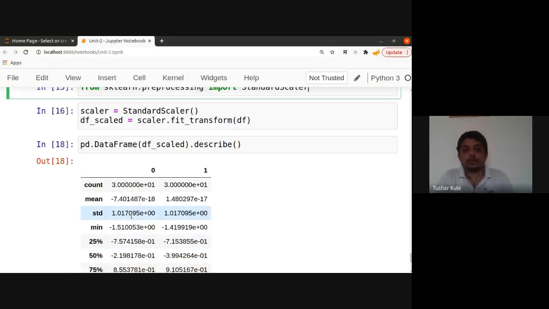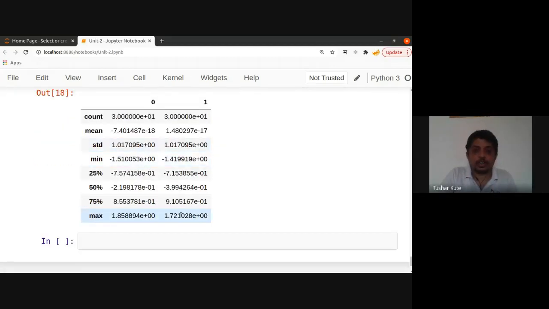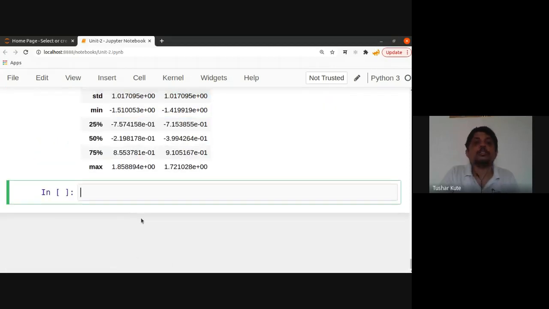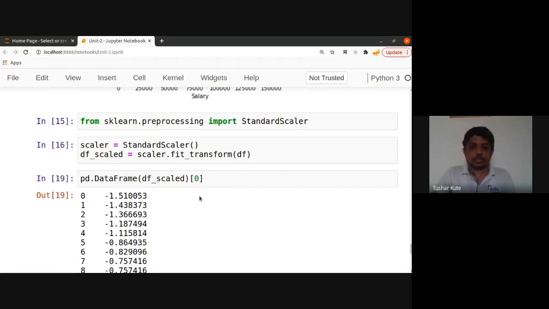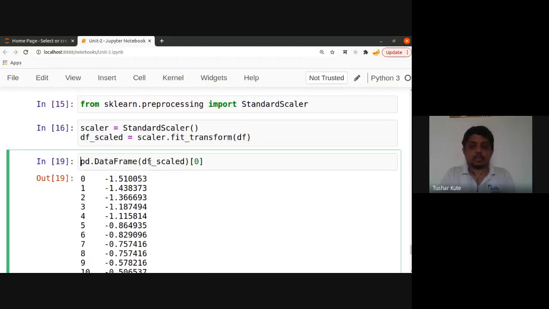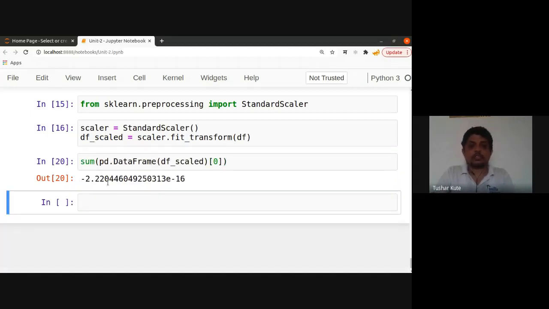Okay, fine. And this is the standard deviation we have. If you just check, just a minute, describe. So the first column I'm extracting and summing up. It is very negligible: minus 2.22 times 10 raised to minus 16 is present there.